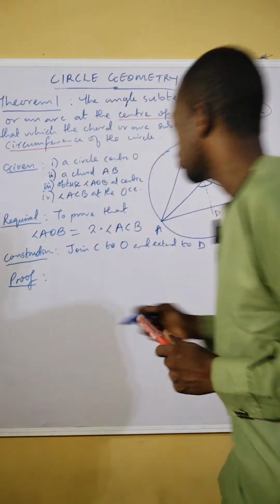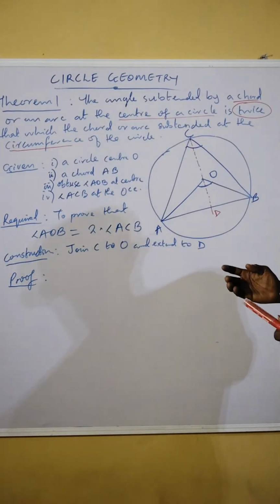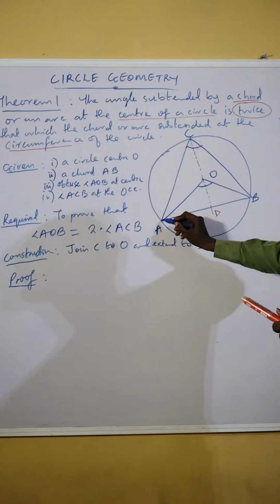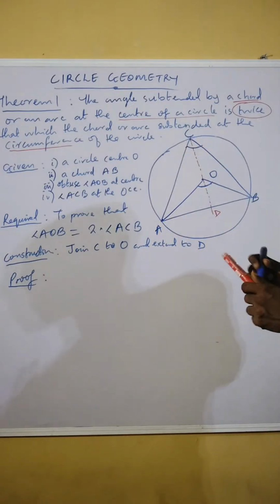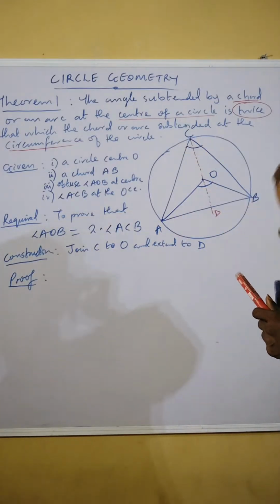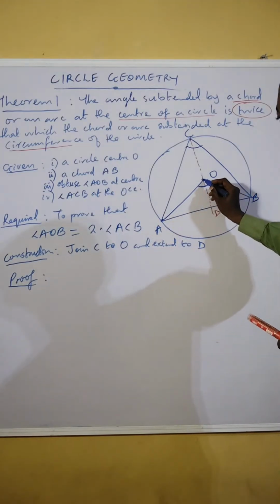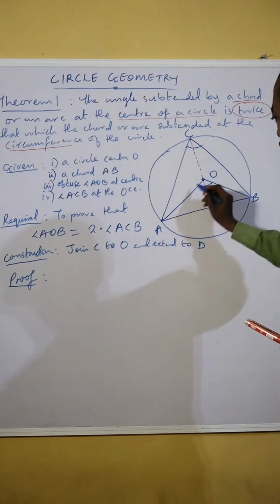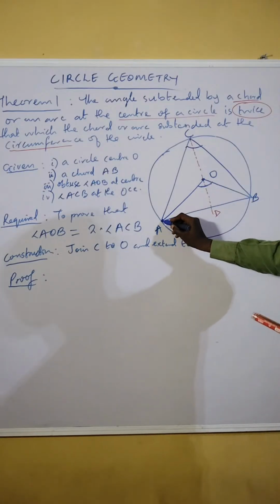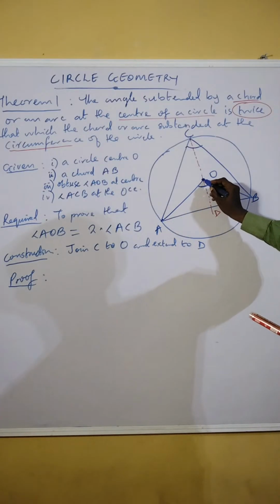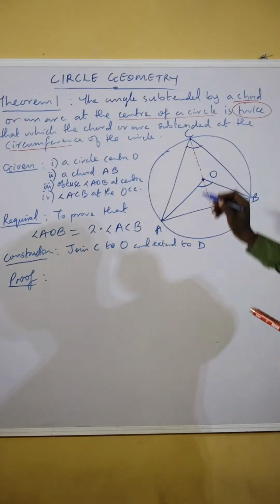Then now to prove properly, let's look at the proof properly. Now we want to consider this triangle here, which is triangle AOC. When we look at that triangle AOC, we discover that from the center to this point A, that's center to the circumference, is a radius, and also center to the circumference here is also a radius.